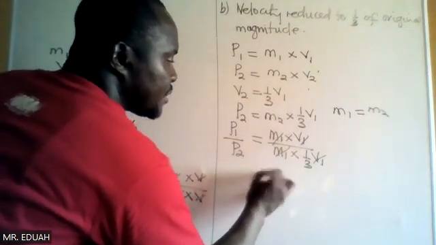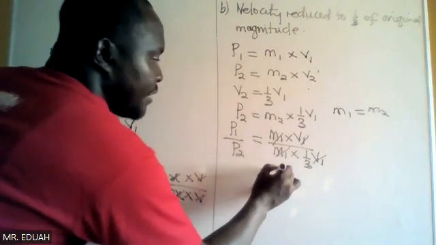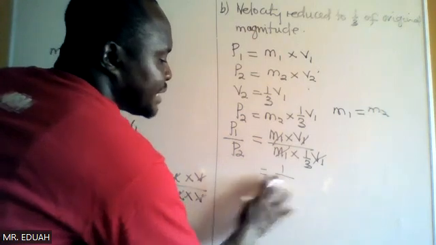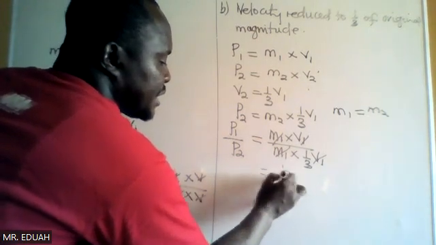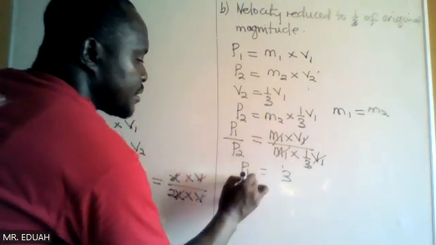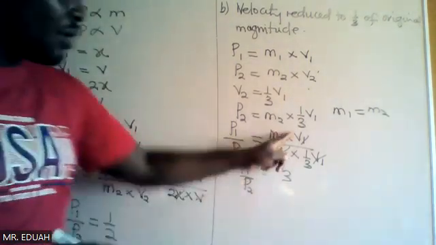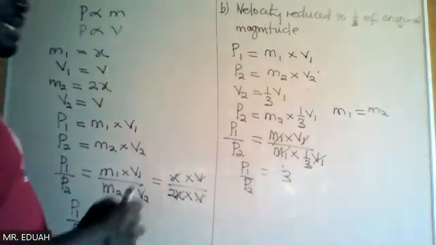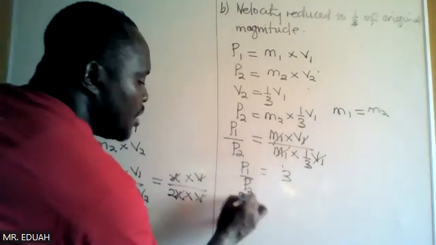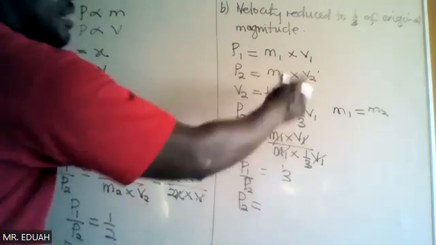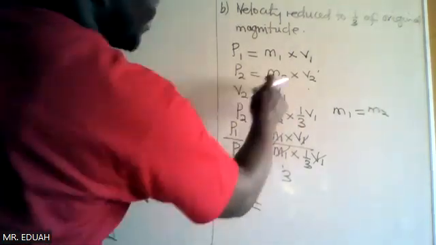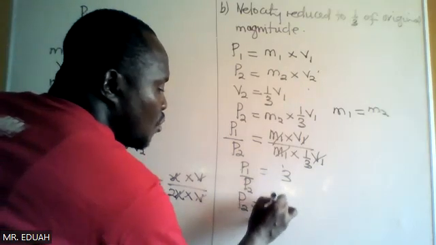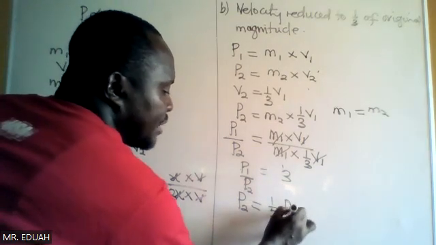So you have 1 on 1/3. And what is 1 on 1/3? This is equal to 3. Therefore, let's make the new momentum the subject, because that's what we are looking for when there's a change in the velocity, which is equal to 1/3 of the original value. So P2 is equal to 1/3 of P1.